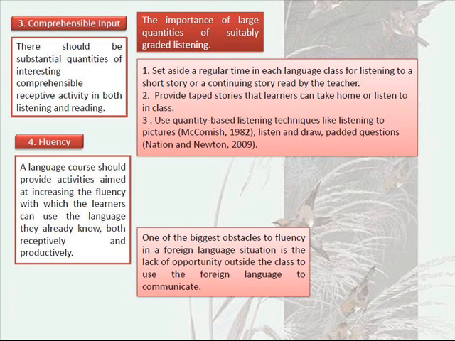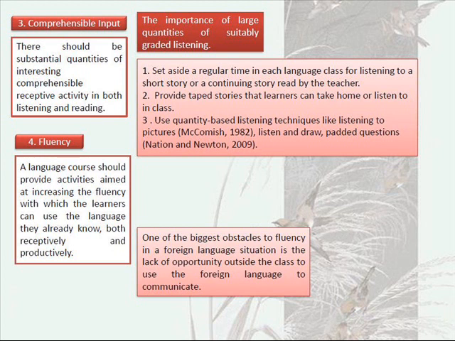First, set aside a regular time in each language class for listening to a short story or a continuing story read by the teacher. Second, provide tape stories that learners can take home or listen to in the class. And the last one, use quantity-based listening techniques like listening to pictures, listen and draw, and also padded questions.